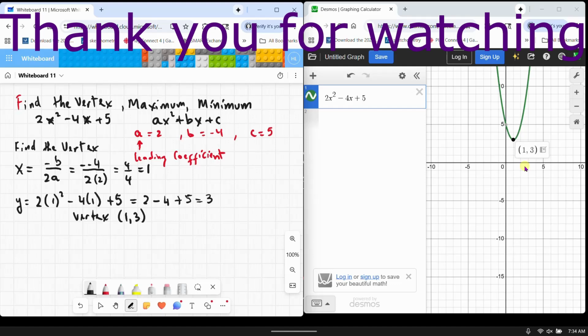The vertex on the quadratic graph, which is what we call a parabola, is either the maximum or the minimum. So for this example, this vertex is the minimum.